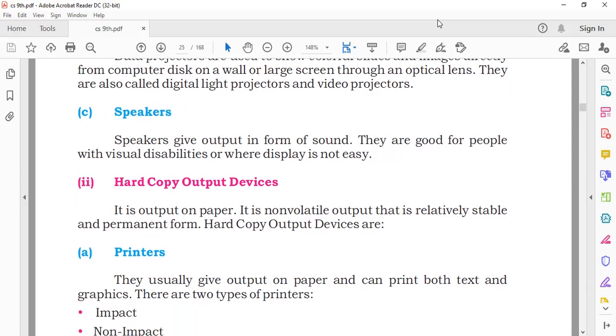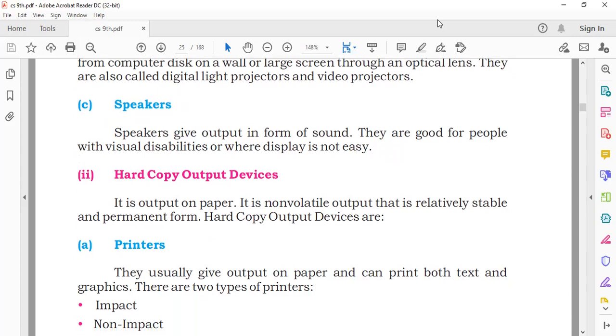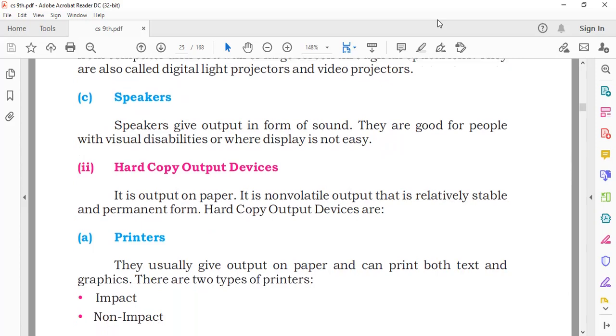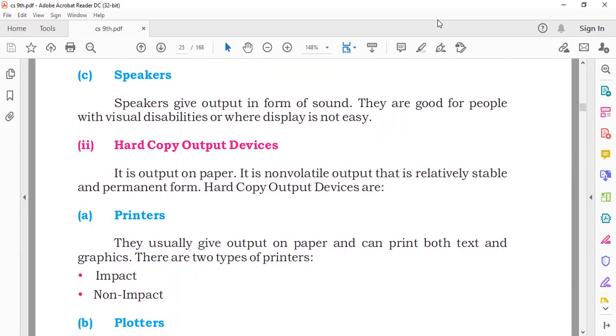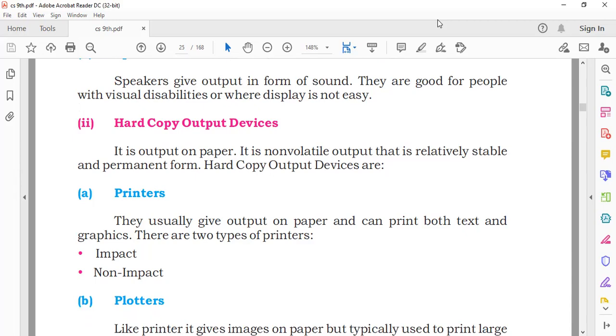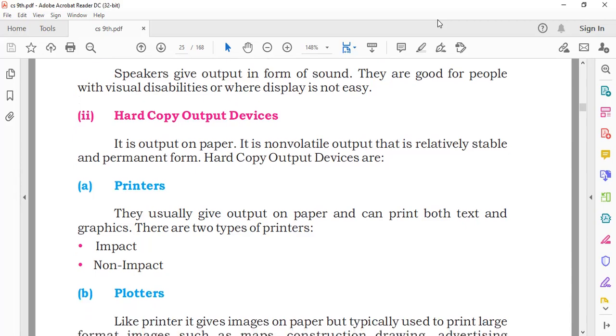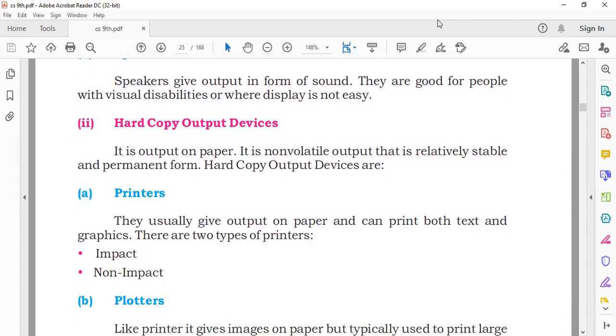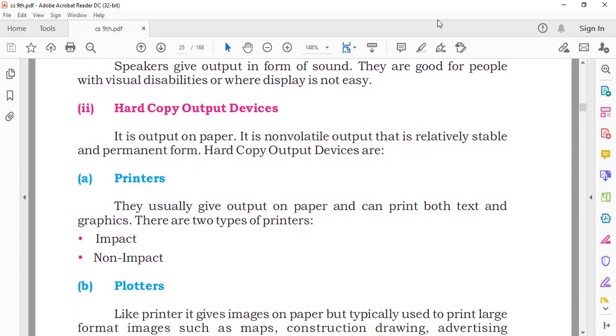And speakers give you output in the form of sound. They are a good example of output, and they are used for people who have a visual disability, where the display is not easy to see, so the audience can understand it more easily.